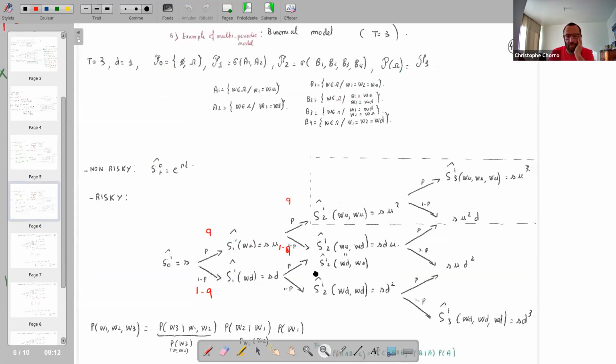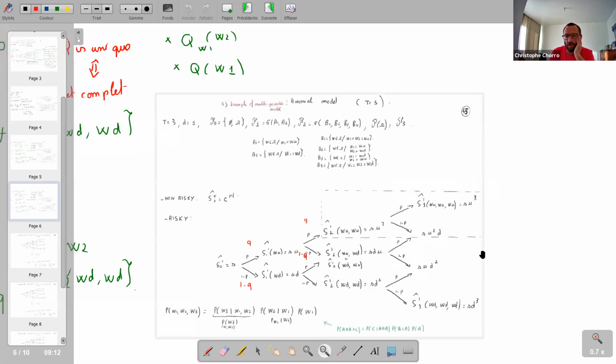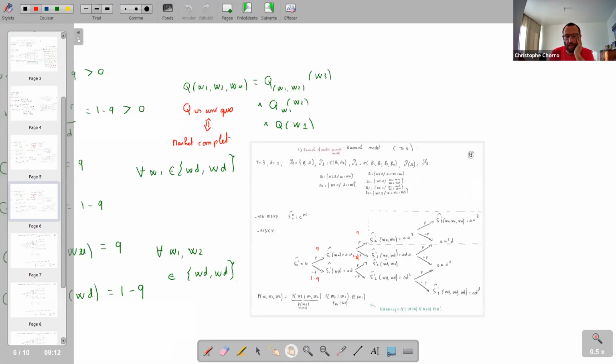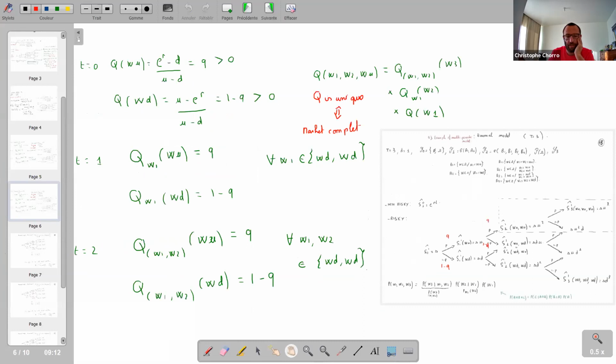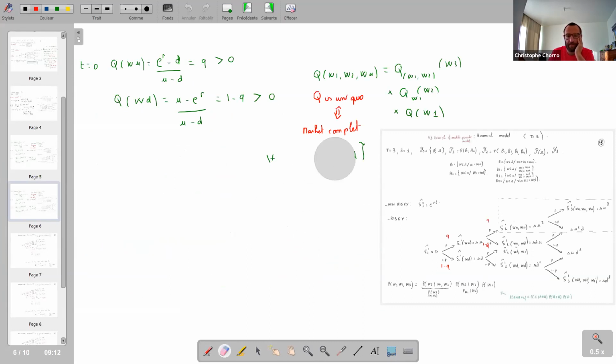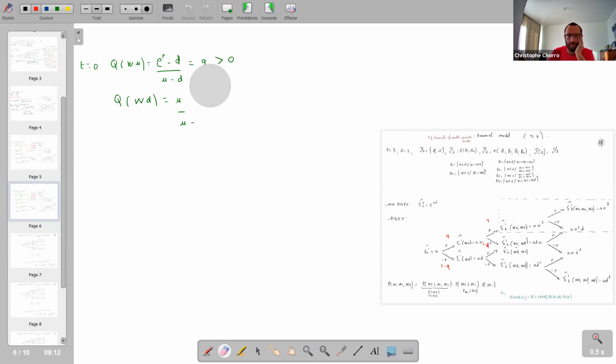And what can I do? If my market is complete, I can price and I can hedge. So I have a complete market, Q is unique, the market is complete.